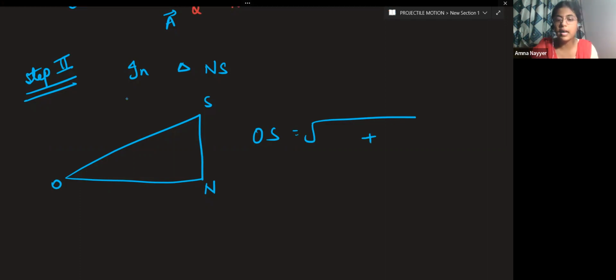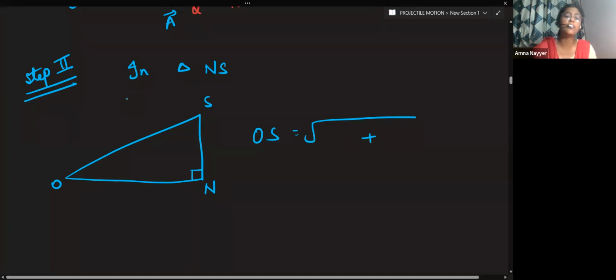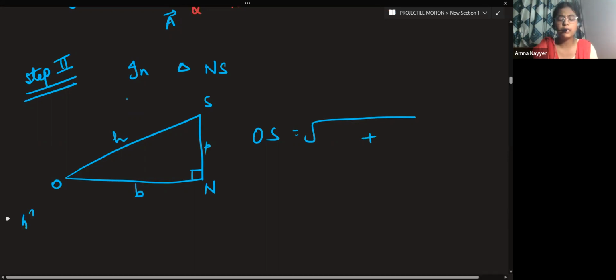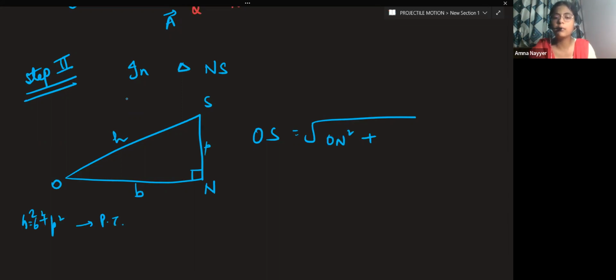This is a right angle triangle, because we have dropped the perpendicular, SN is perpendicular. This is the hypotenuse, this is the perpendicular, this is the base. Hypotenuse square is equal to base square plus perpendicular square. That is the Pythagoras theorem.